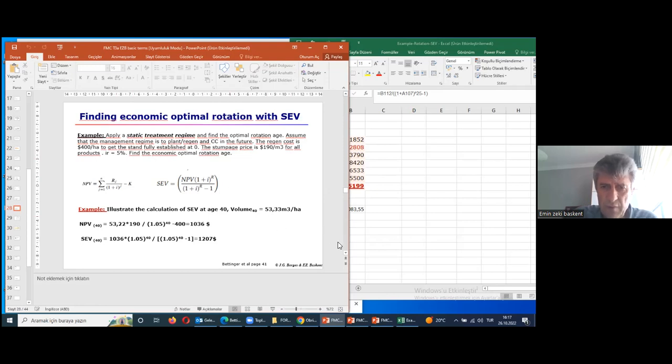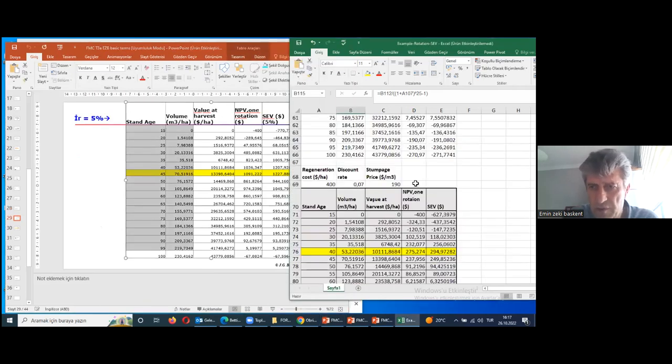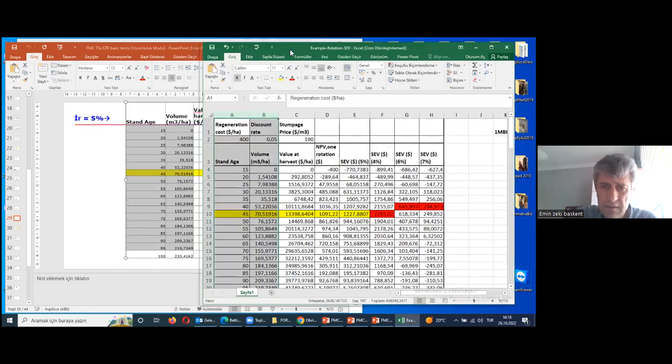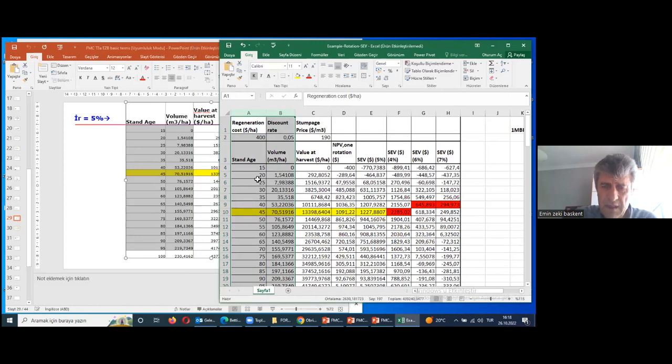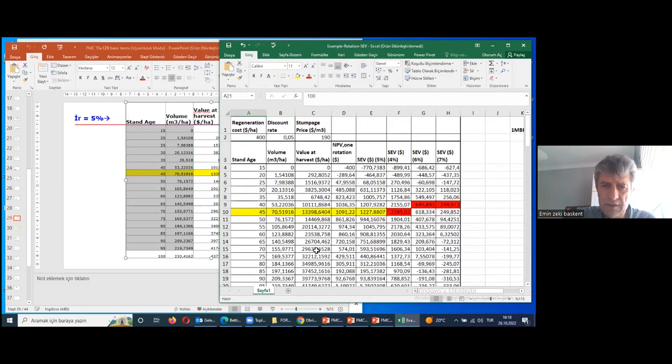So the volume is given for us. The development of the volume is given. I will show it to you with this example. Just concentrate on these two columns, A and B. We're going to calculate the rest. Column A shows the development of age starting from 15, 20 and goes up to 100.